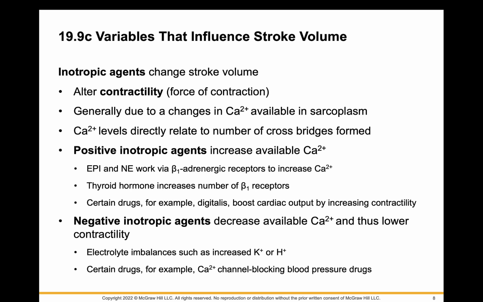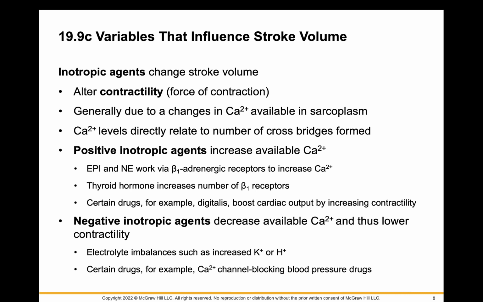There are also a number of drugs out there that are considered to be positive inotropic agents. The best one that I can give you is digitalis. This is a drug that's very commonly used to treat individuals that have heart failure, and it basically increases cardiac output by increasing contractility, by increasing available calcium.